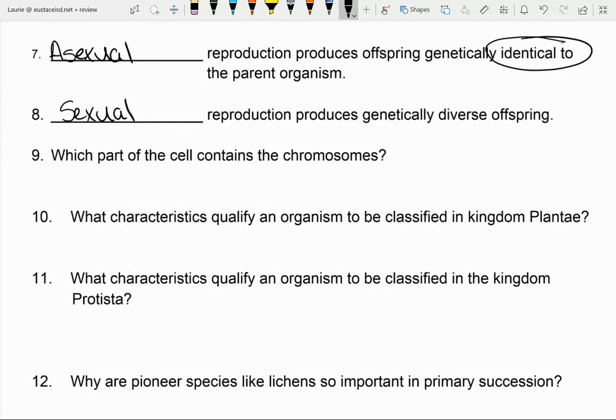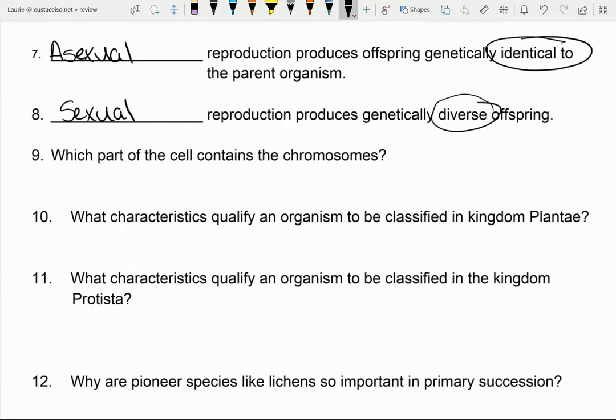For the second one, it would be sexual reproduction, which produces genetically diverse offspring. Remember, diverse means a variety of different types, or different genetics in this case. So, for example, in our fish stick lab, when we had our fish mate, if we had 2 orange fish mate, because there are 2 different parents and they could have different combinations of genes, you might have ended up with a red fish or a yellow fish as your offspring.